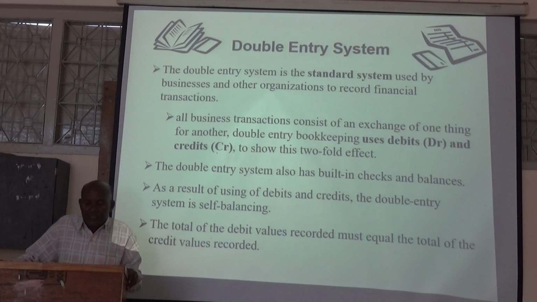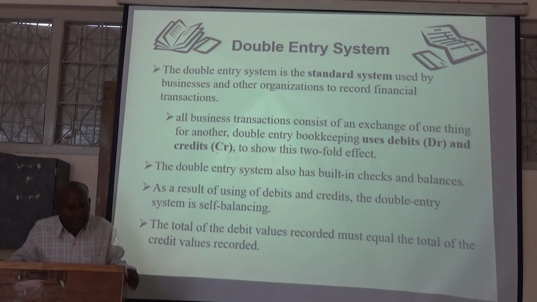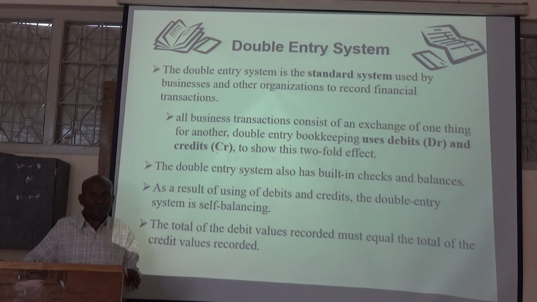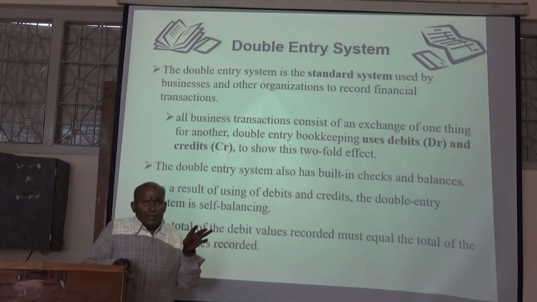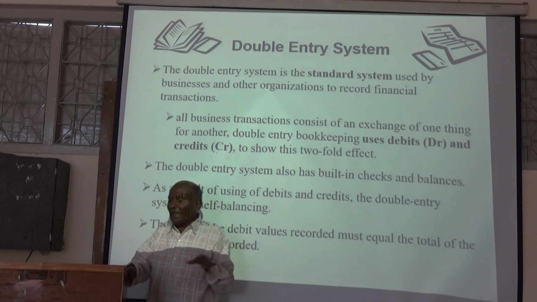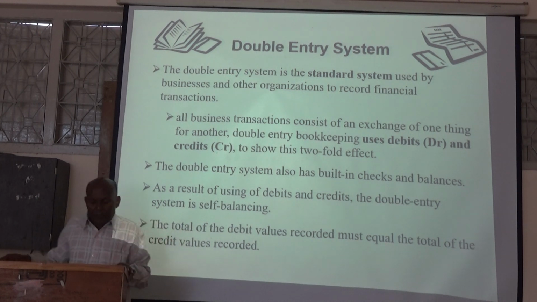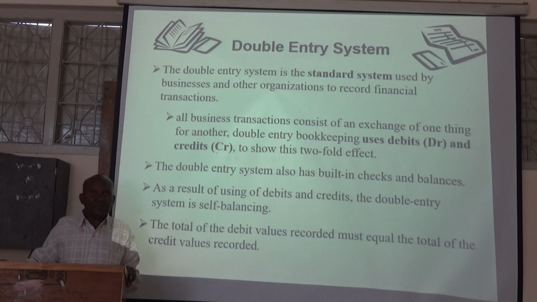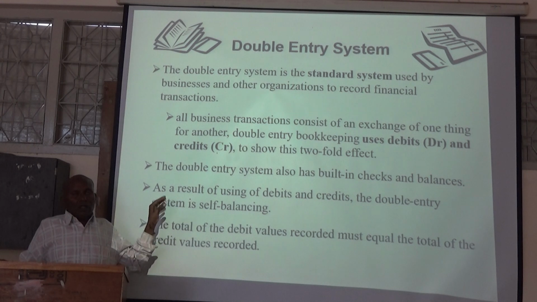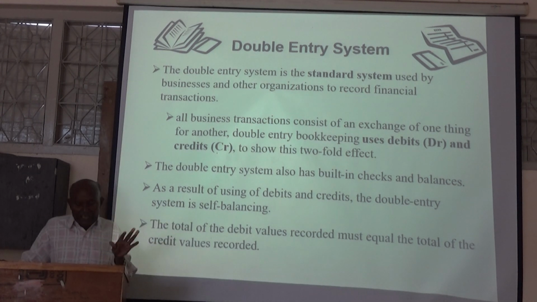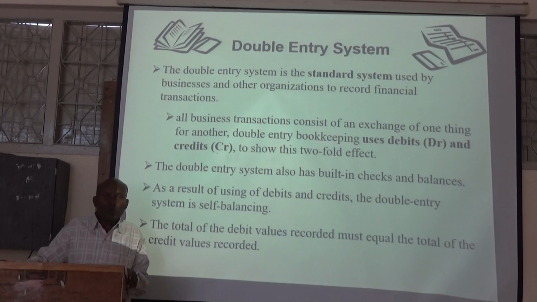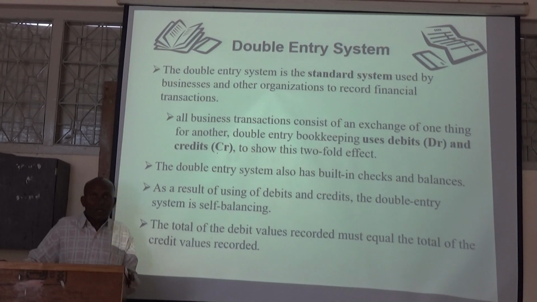Step one is that the opening statement of affairs is to be prepared to find out the opening capital balance. Then the cash book is given in the problem. The cash book is to be transferred to various accounts.